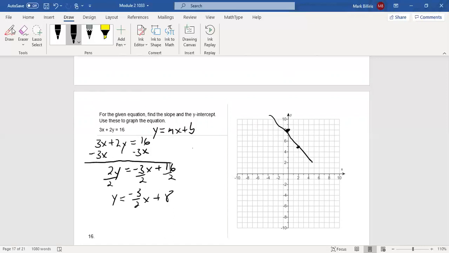And notice again, it should make sense that if our slope is negative, our graph will be declining as we move from left to right. So our slope was -3/2, and our y-intercept as an ordered pair is 0, +8.